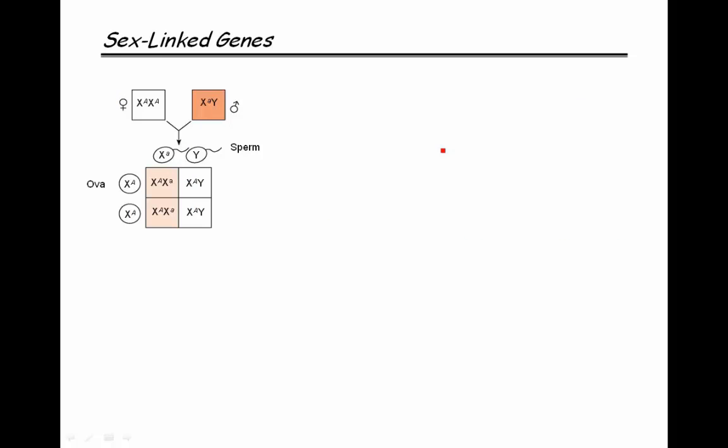So they may have the dominant version, they may have the recessive version. We'll look at a couple Punnett squares here just to give you an idea. In this case, we are crossing a homozygous dominant female with a recessive male. Now notice we're just calling him a recessive male because we can't really say homozygous because he only has one copy there. In this case, we would get all dominant looking offspring.